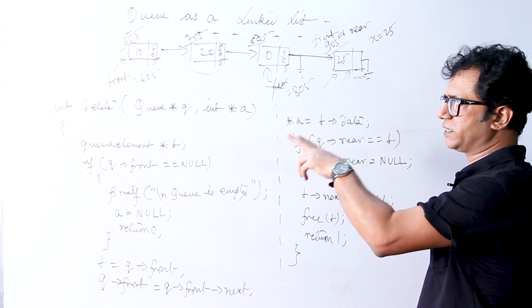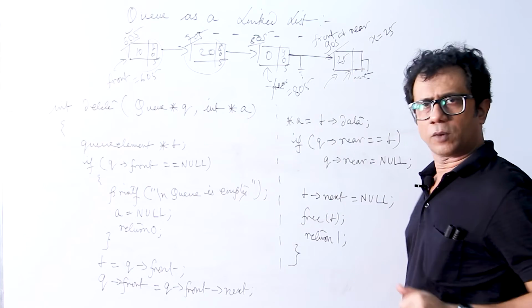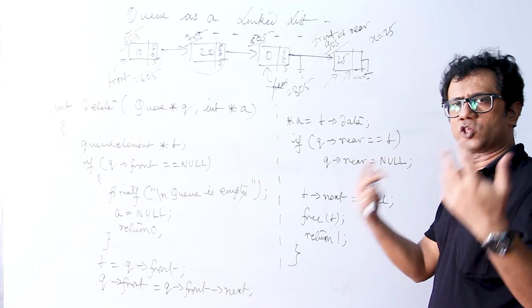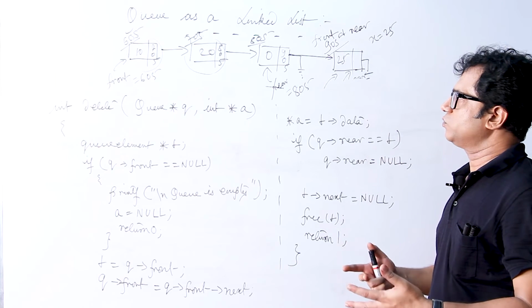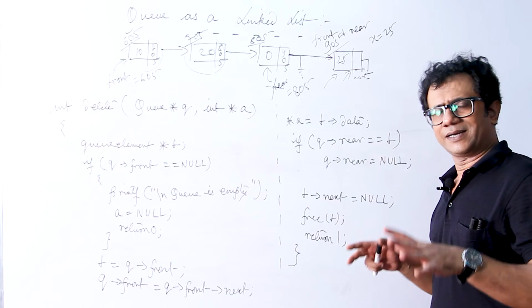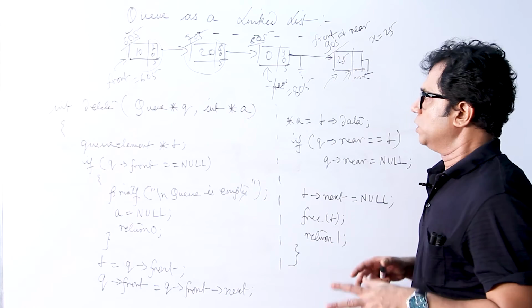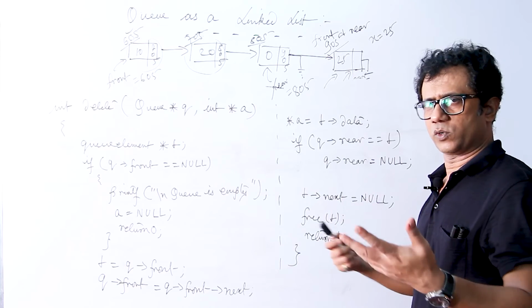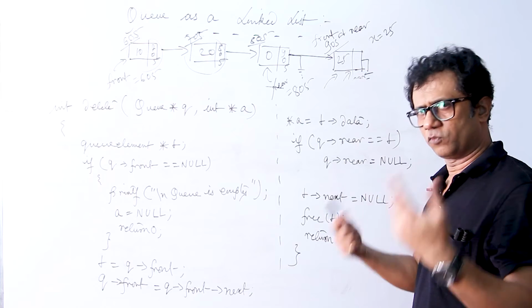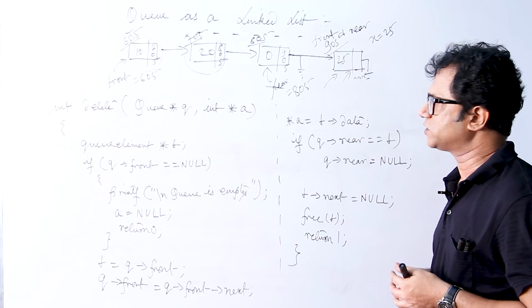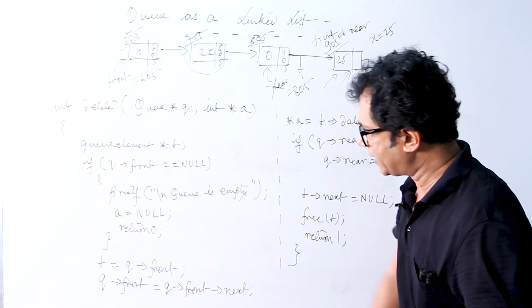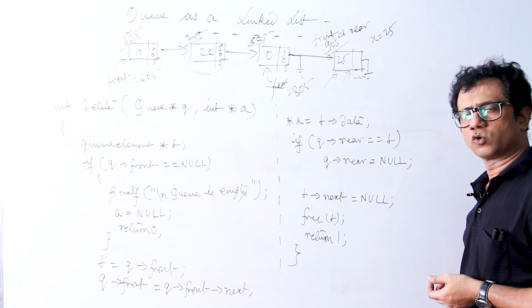But in this case, since we are dealing with the delete operation, we can encounter a situation where the queue is originally empty. In that condition, we will not be able to delete any node from the empty queue. So we can encounter a failure operation, and for that case we need to return 0 from the function, and in the case of a successful operation we are going to return 1.